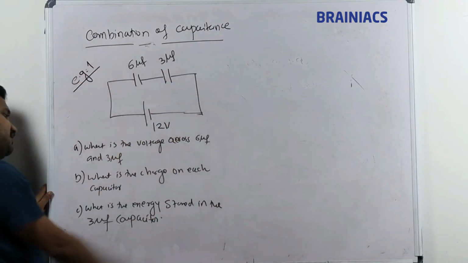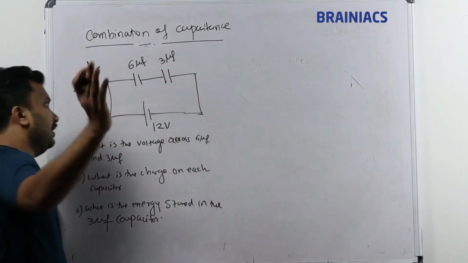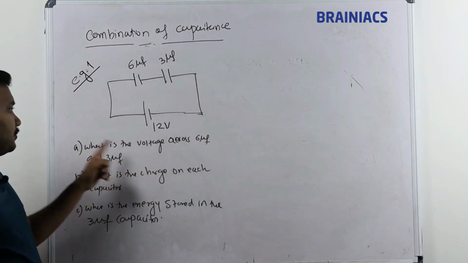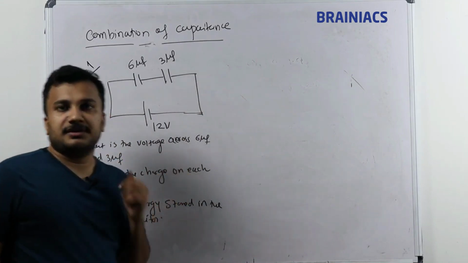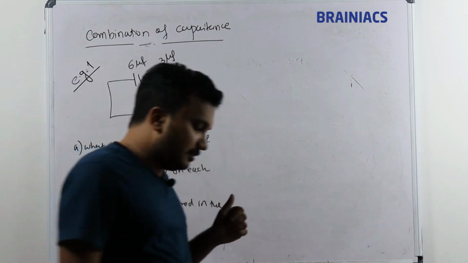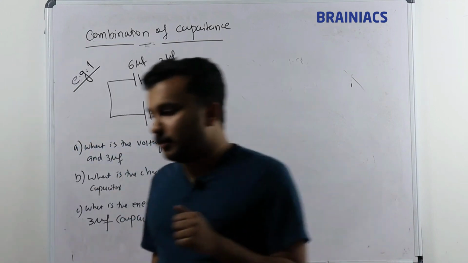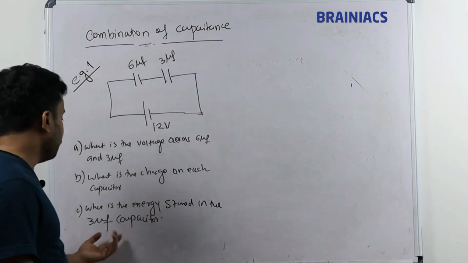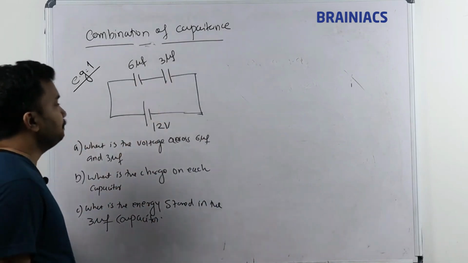Please note down these 3 questions. Okay, let's go and answer it. The first question, what is the voltage across each capacitor? The second question is asking about the charge on each capacitor, and the third one, what is the energy stored in the 3 microfarad capacitor.